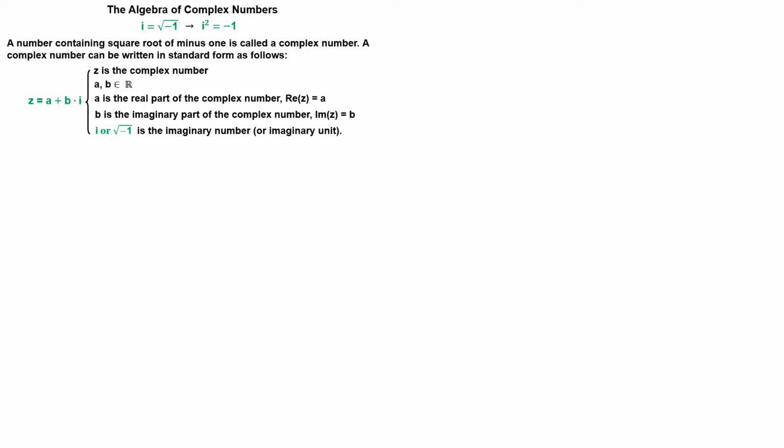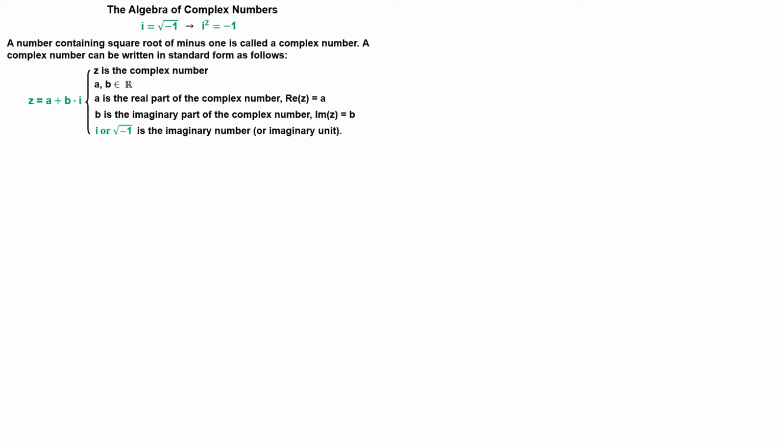In meeting a new mathematical system for the first time, the concepts of equality, addition, subtraction, multiplication, and division need to be properly defined. And that is the purpose of the present video. Even if the definitions are fairly obvious, they need to be made without contradicting ideas already established in the system of real numbers, which complex numbers include.